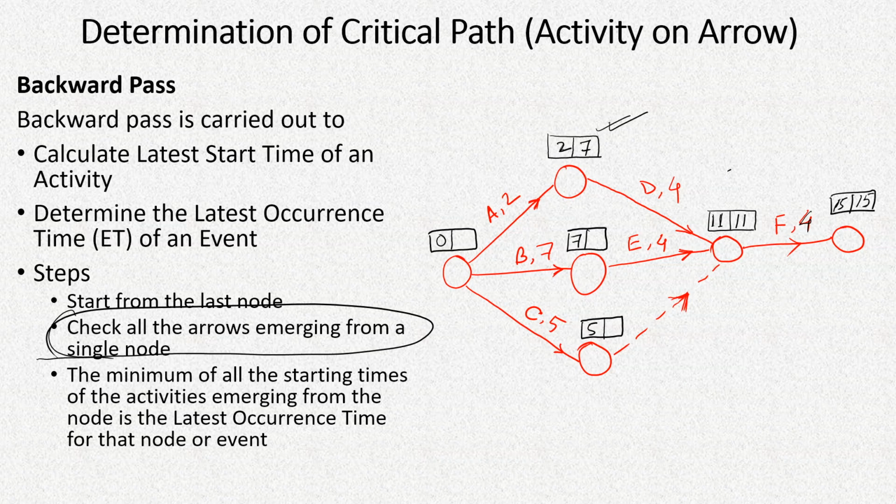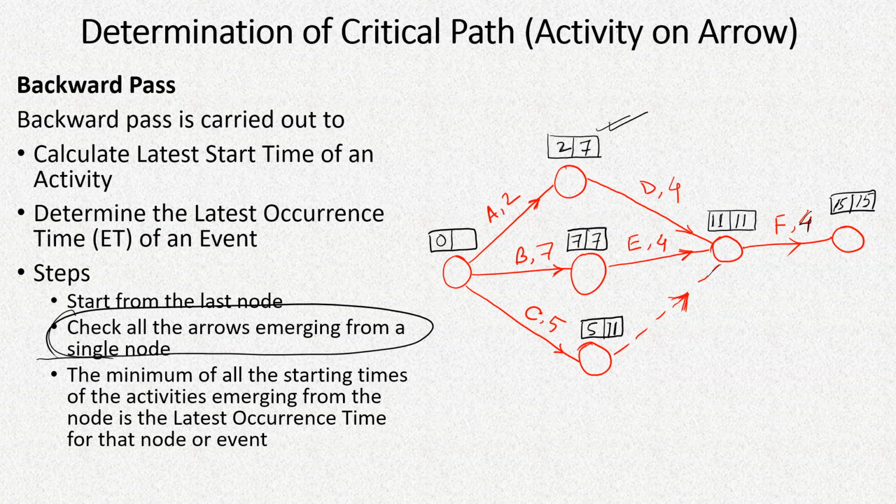After that, if we go to this path, then again 11 minus 4 is 7. So we'll have to start it on the 7th, and the earliest we could start was also on the 7th day. Now for this path, it will have to complete on the 11th day, but the duration of this dummy activity is 0. So 11 minus 0 is 11.